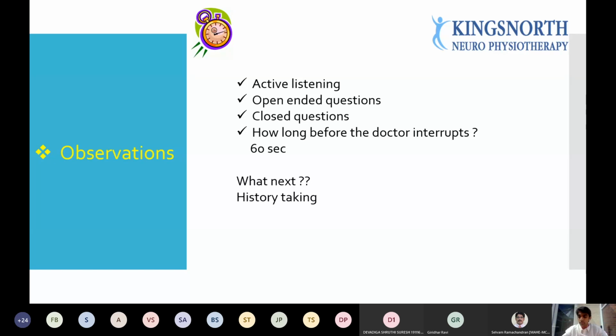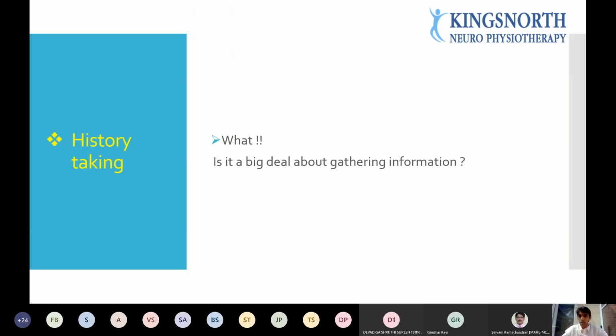The second one is history taking. In my experience, we try to talk to the patient and build some rapport with them, but it is all about gathering information. Sometimes we may think, what is the big deal about this?